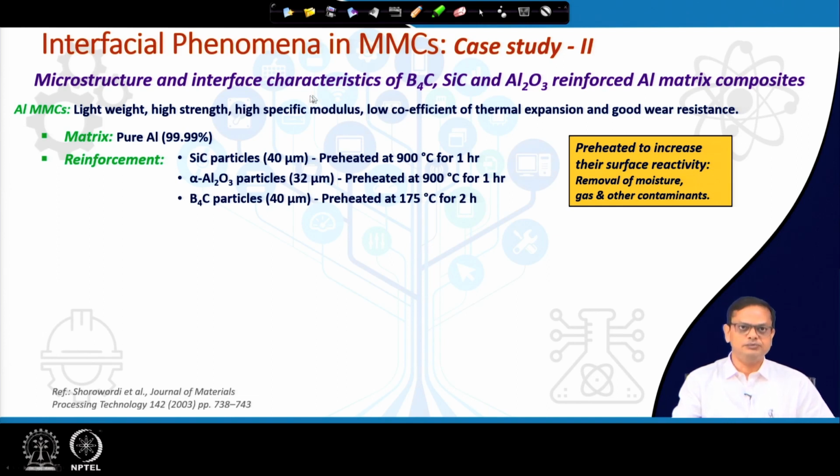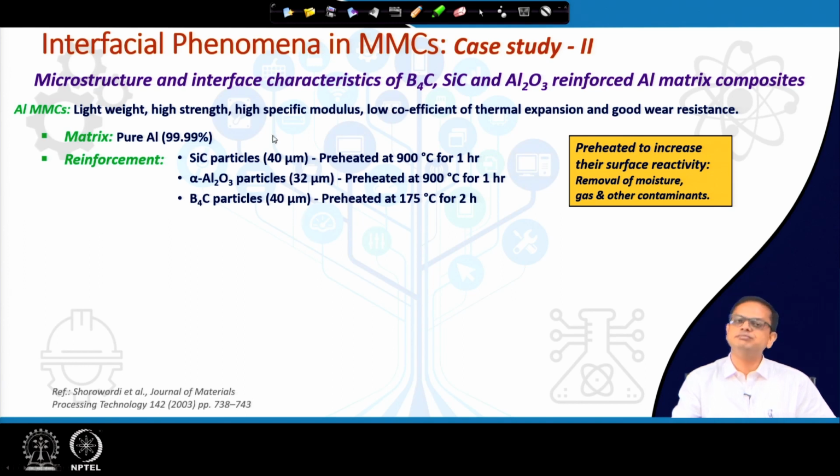To avoid any complication from alloying elements, pure aluminum has been chosen as the matrix, and the three reinforcement particles are all in the same size range.